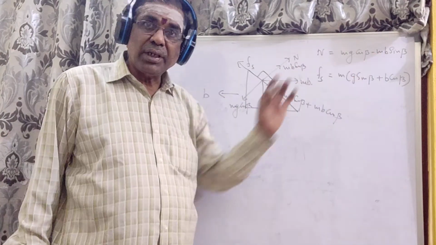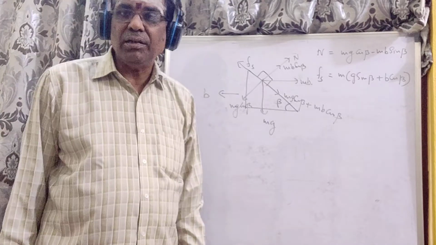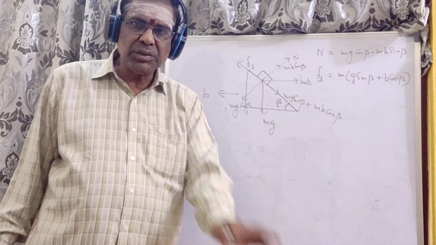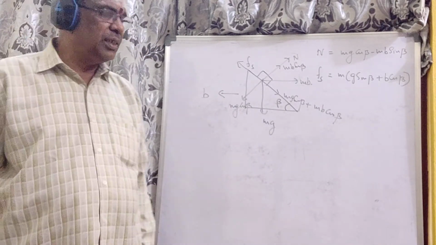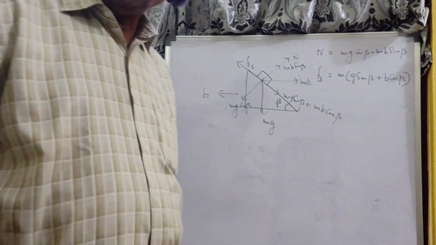But the moment N becomes 0, this body falls vertically down. No friction. Don't say I will substitute the values here. It is meaningless and redundant. I hope it's clear to you. Okay, we'll put a stop to this here.